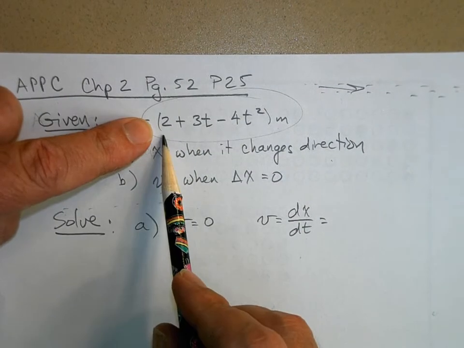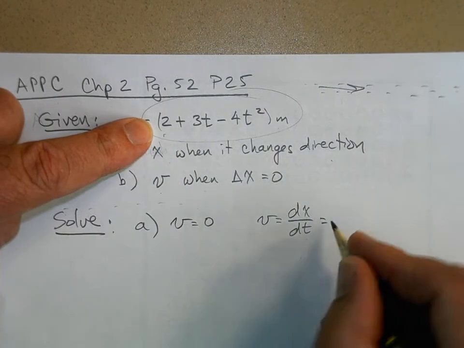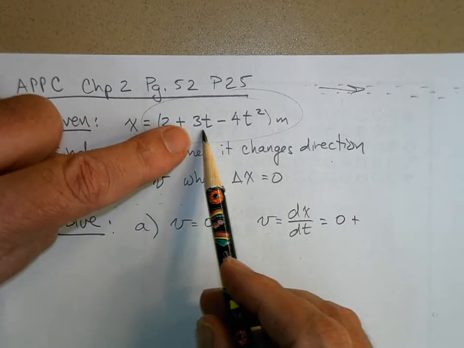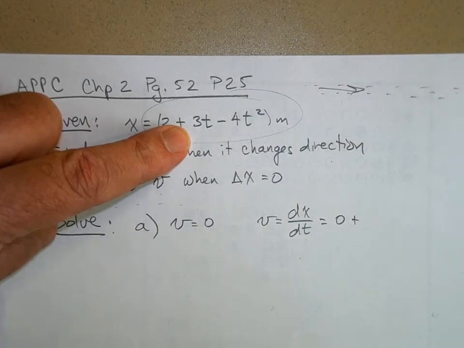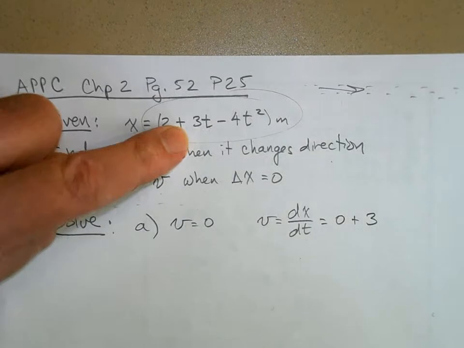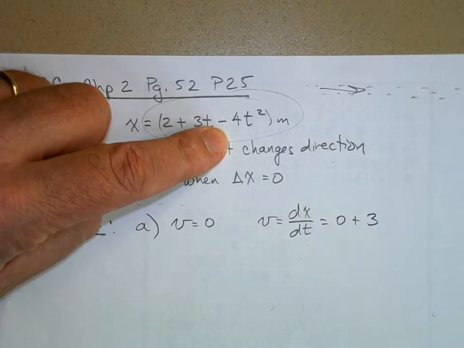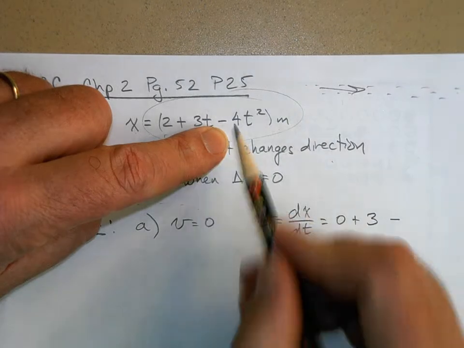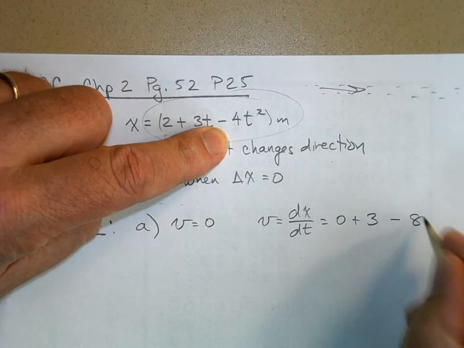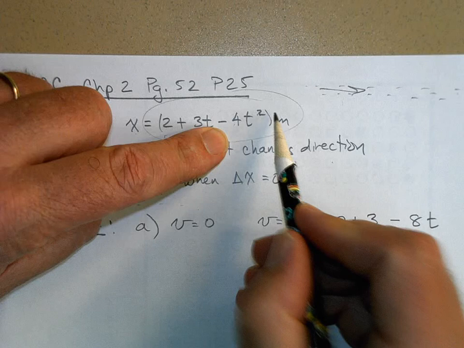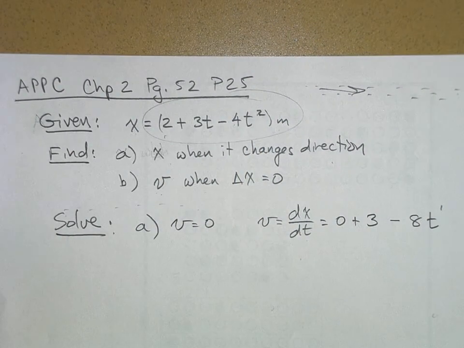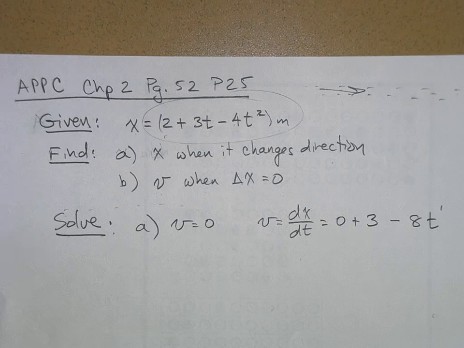What's the derivative of 2? 0. Plus, what's the derivative of 3t? 3. And what's the derivative of negative 4t squared? Minus 8t. Yeah, 2 times 4 is 8, and then 2 minus 1 is 1. I'm just applying the power rule for derivatives.